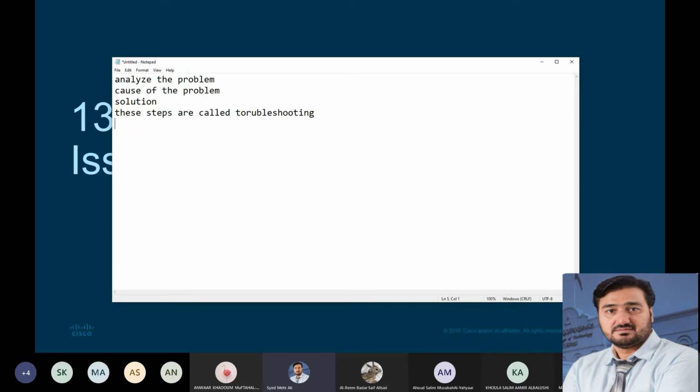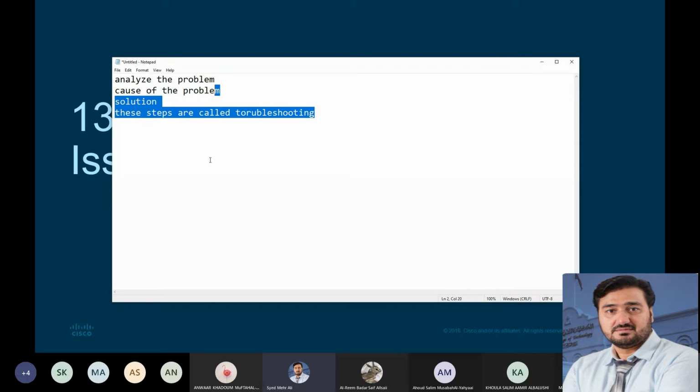If you know that troubleshooting any sort of network problem should follow a systematic approach, definitely you need to follow it in order to analyze the problem, find out the cause of the problem, and then find out the solution.